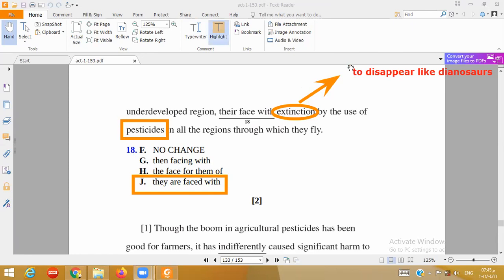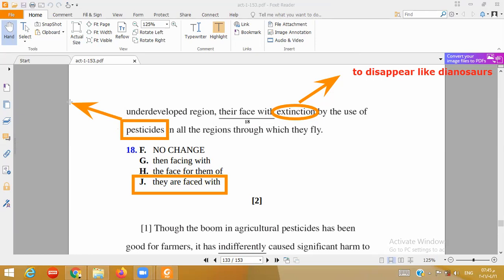Yeah. What does pesticides mean? Pesticides are in all the regions through which they fly, in other words, the regions where those birds fly, and pesticides can cause those animals to die.